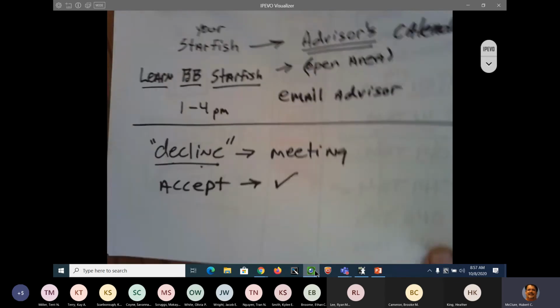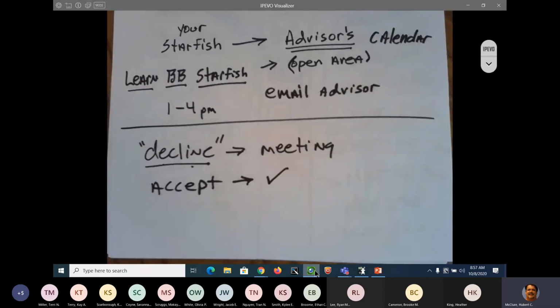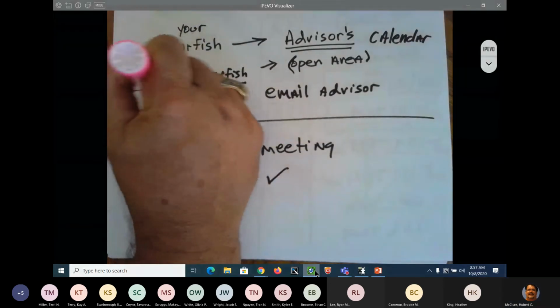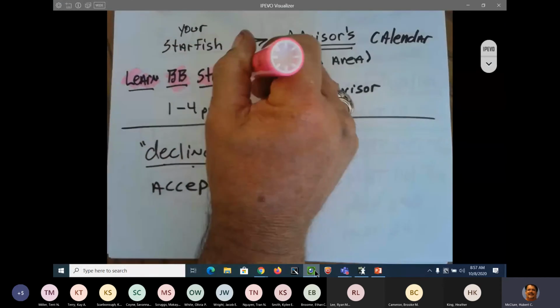There we go. Here's what I want to find. Okay. And the way that you see your advisor is you need to go through Starfish. And we had one student actually say, it's easier if you just go to the Learn tab, Blackboard, and go to Starfish.